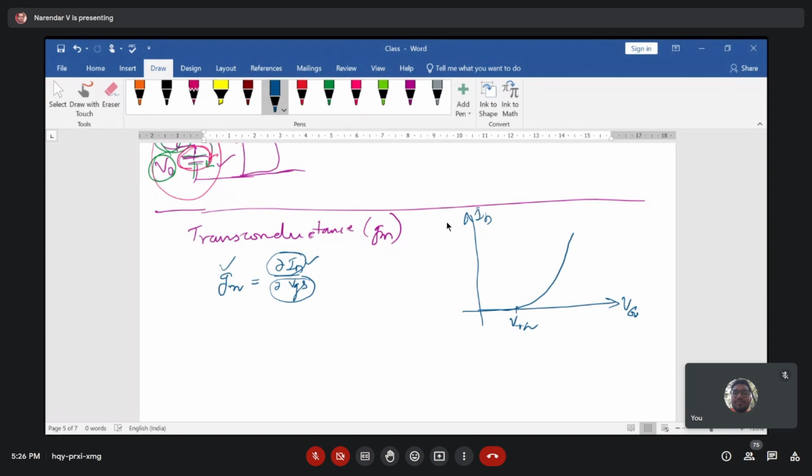The GM is expressed in 1 over ohm, or inverse ohm.